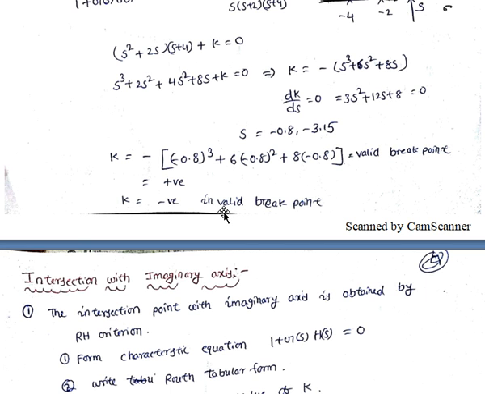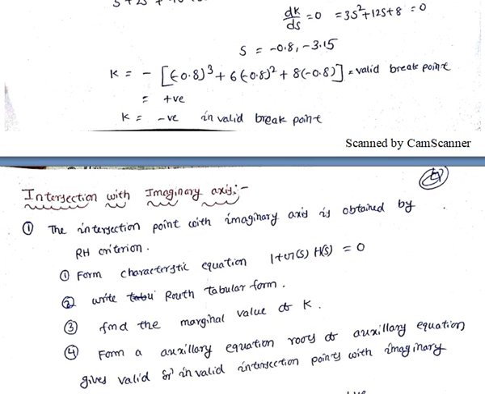Coming to the next rule, the intersection with the imaginary axis. To find the intersection point with the imaginary axis, first form the characteristic equation, where G(s)H(s) is the open loop transfer function.